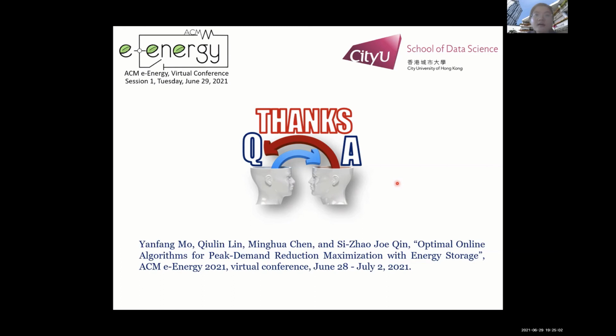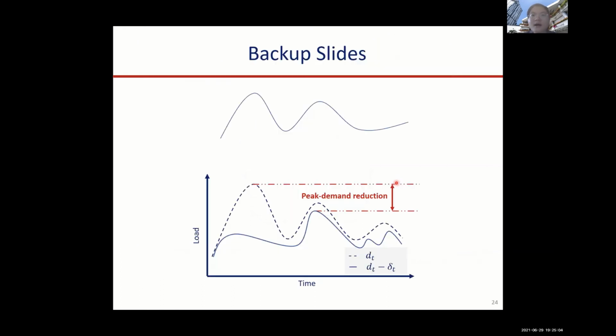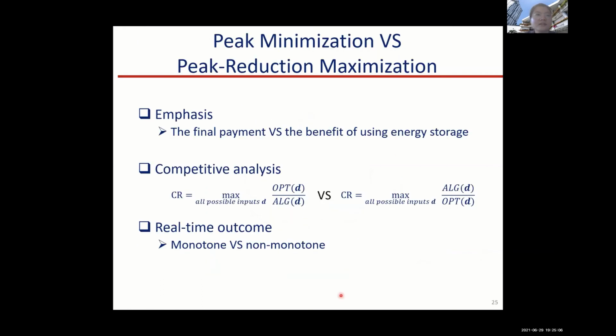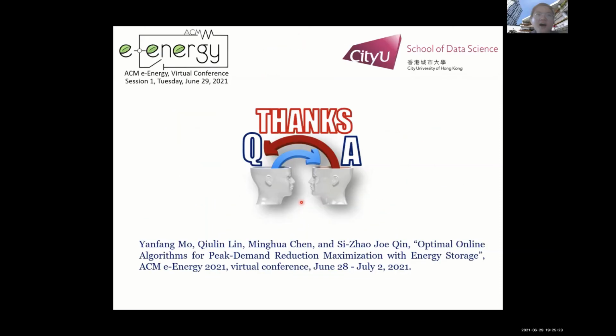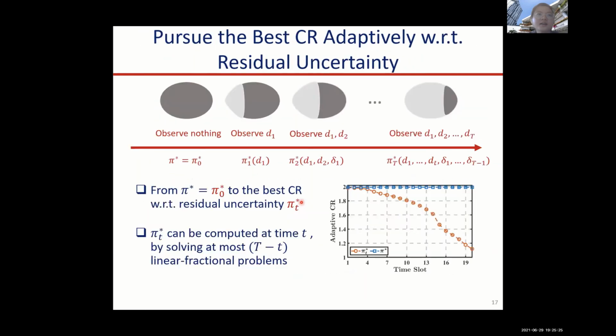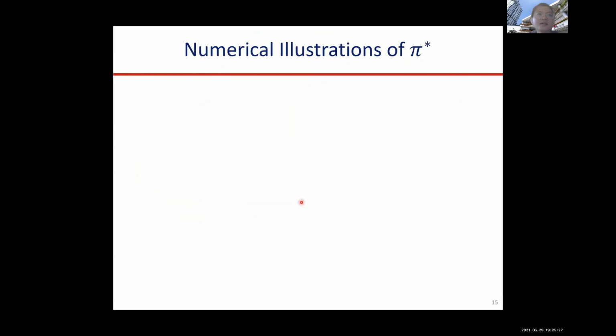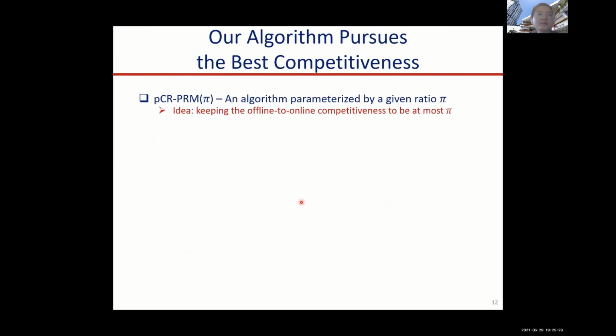Yes, I see. We have a backup slide about this question. Our focus is to maximize the peak demand reduction. No, I'm sorry. I'm just looking at the optimization objective of the problem, which you had in the earlier slide. So wait one moment.